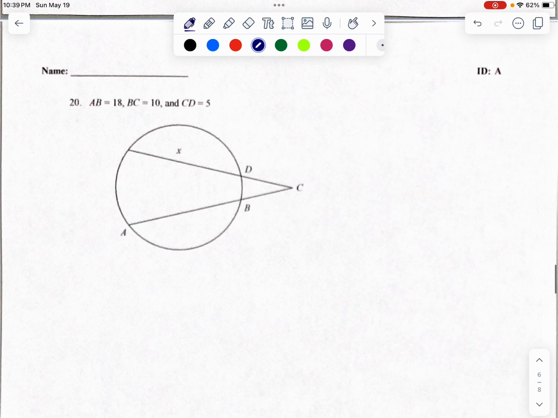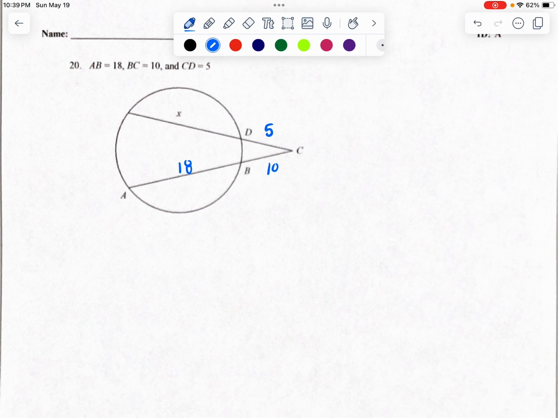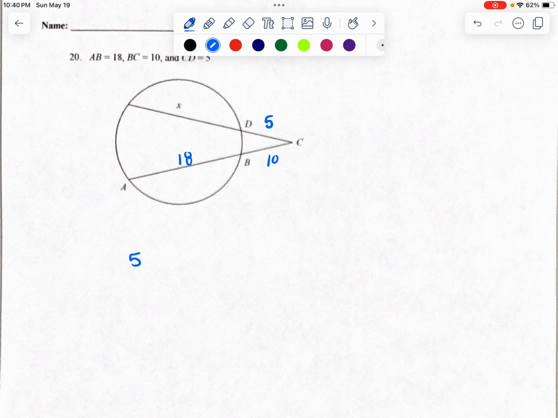All right, the last one. I like these. I'm looking for the chord inside the circle. They tell me that this chord is 18 and the exterior portions are 10 and 5 respectively. The rule was, since the angle is on the exterior of the circle, it's the outside portion times the entire segment.